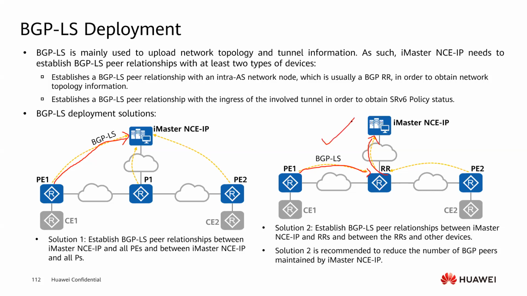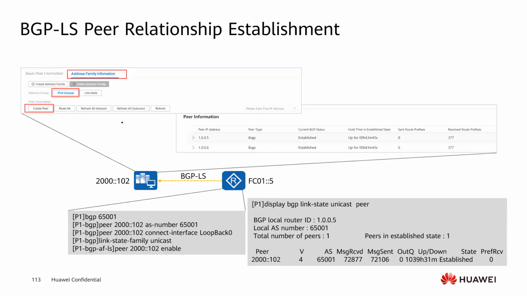This one is better. So this is how you do the configuration. You can check, this is how you configure at this device P1, and this is where you configure in the controller.